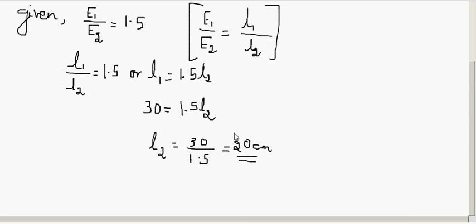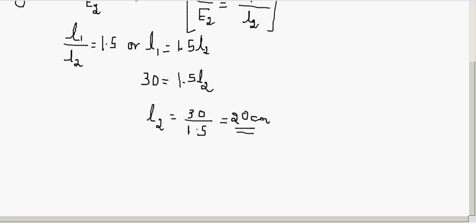L2 is 20 centimeter. L1 is given 30 centimeter, therefore L2 is 30 by 1.5, which is equal to 20 centimeter.